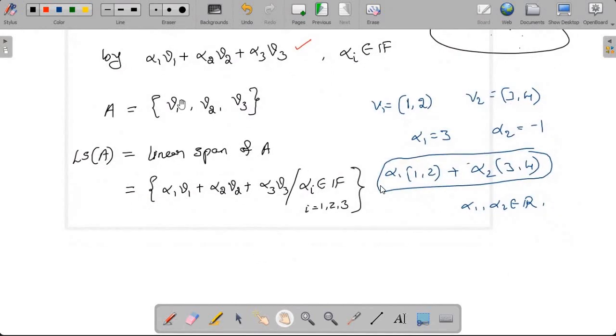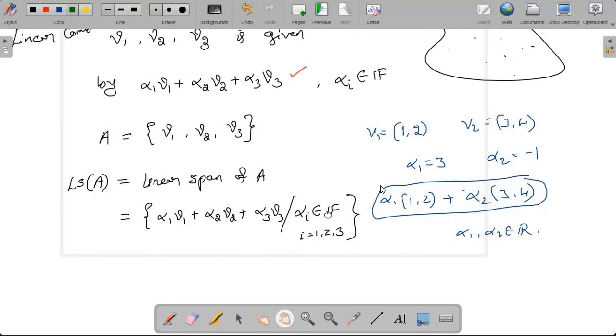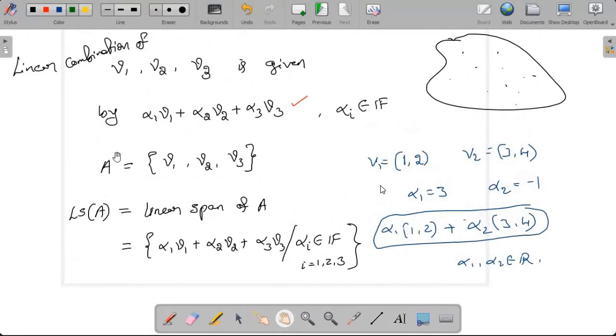And there is a reason why we call this a linear span. If you look at the geometry, it looks very beautiful. So I hope you understand what a linear combination is. Just multiplying with a scalar and then adding those resultant vectors.